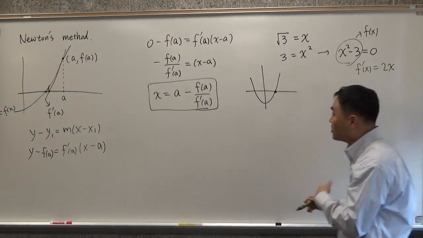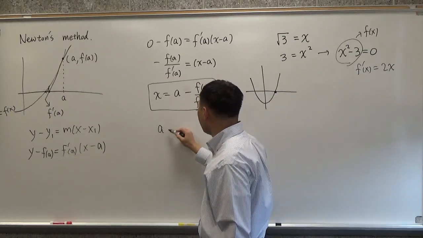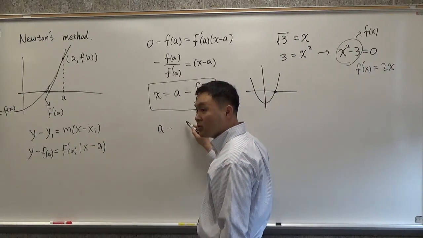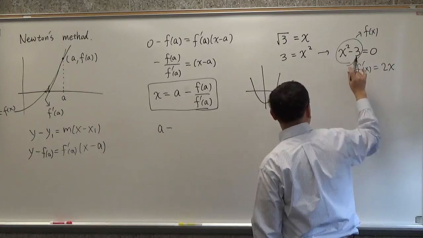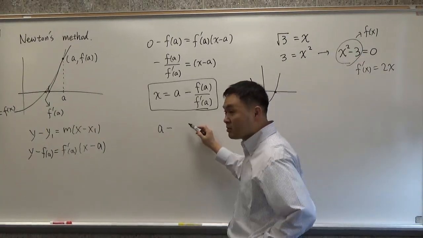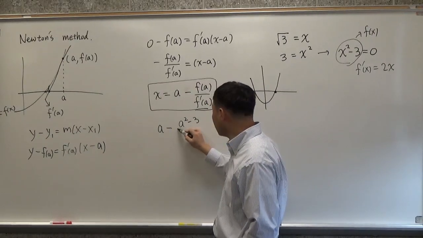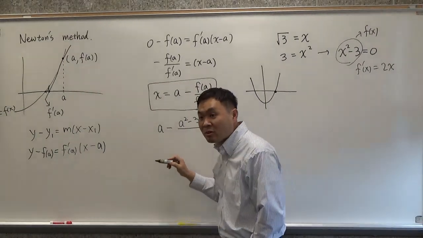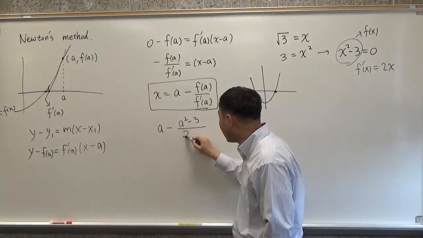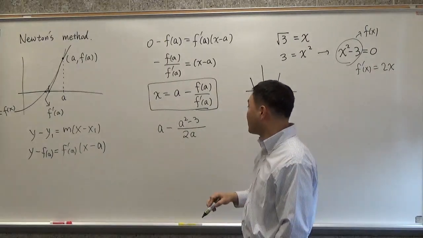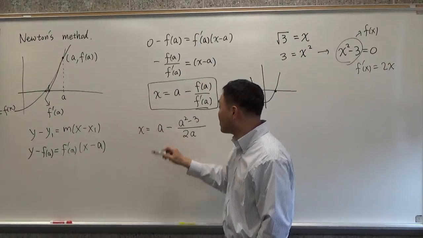It's just 2x. So you have a minus f of a. If this is f of x, f of a is a squared minus 3. And then what's f prime of a? 2a, right? Okay, that's going to be the better approximation.